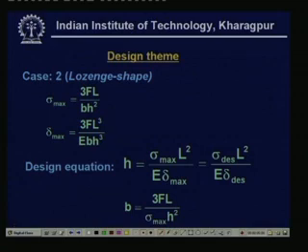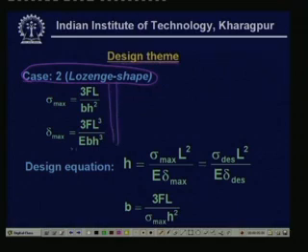For the sake of explanation, case 2 of what we just learned earlier has been chosen, but you can take any one case, either a cantilever or a simply supported beam. Now, solve for h, divide this equation by these equations, and eliminate h out of these two equations. Then h comes out to be sigma max E delta max into L square.